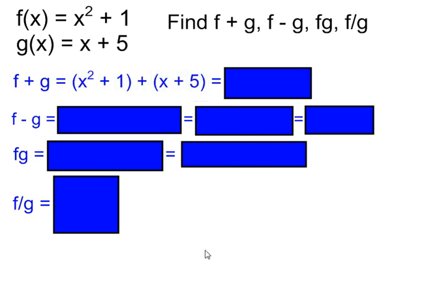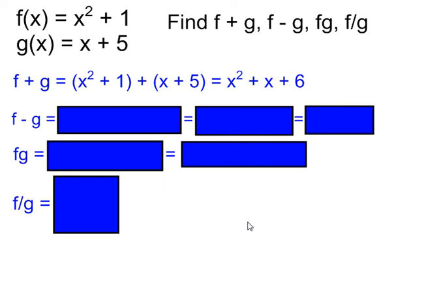It's always safe to put parentheses around each function when you add, subtract, multiply, or divide. In this case, I really don't need the parentheses because when you distribute, you're distributing a 1 into both of them. So what I'm going to do is combine my like terms. When I combine my like terms, I get x squared plus x plus 6.